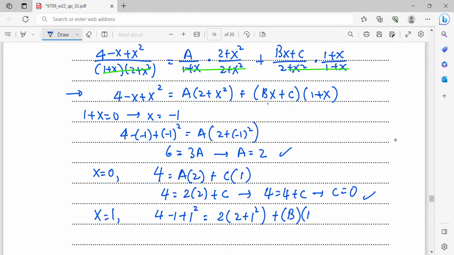Bracket 1 plus 0 is 1. So from here, left hand side is 4. Right hand side, 2 plus 1 is 3, 3 times 2, 6, then plus B. So my B is minus 2. Okay, let me check. Any mistake?